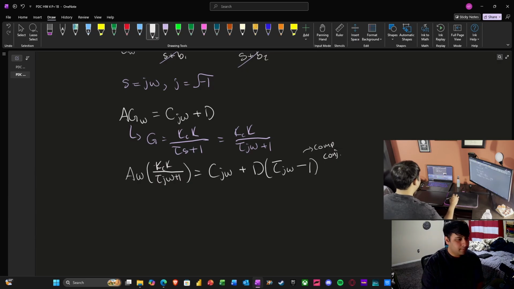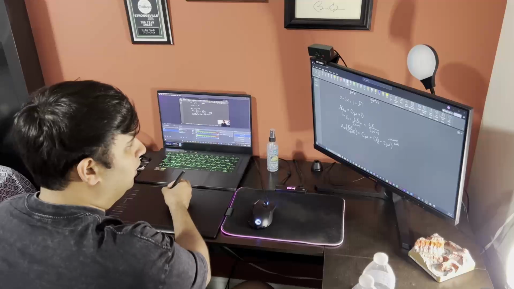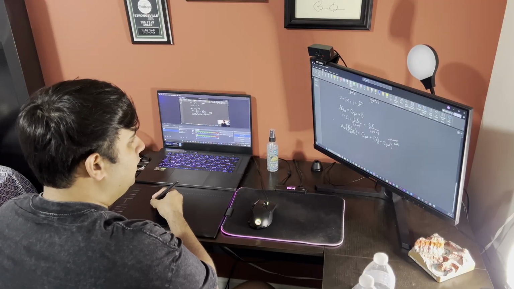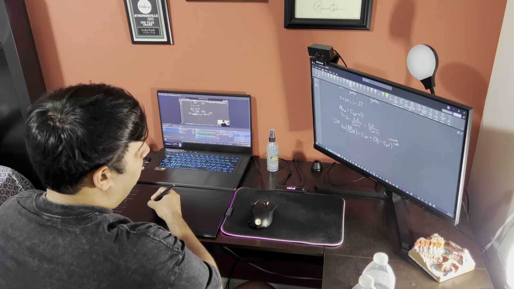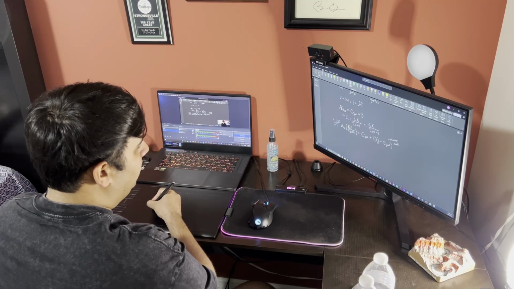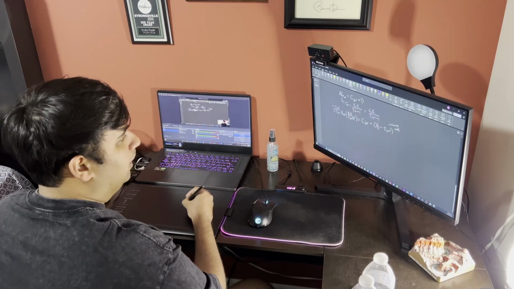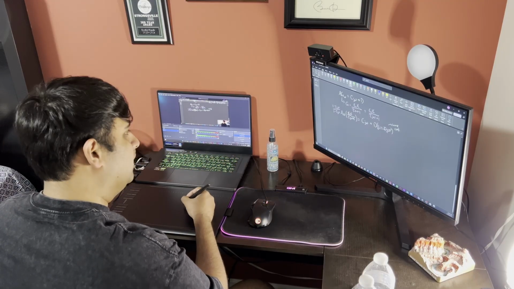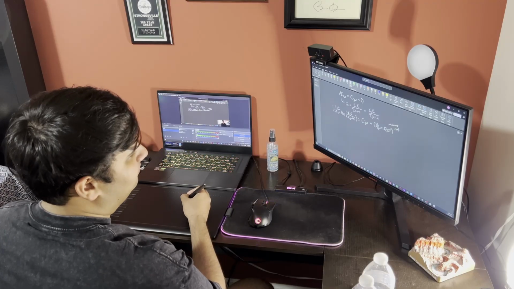There we go. So now what we're going to do is actually just get rid of our conjugate, and basically what we're going to do is multiply both the numerator and denominator with 1 minus tau jw. Also, I got it wrong again, so it's flipped.